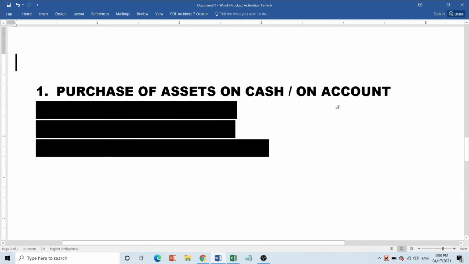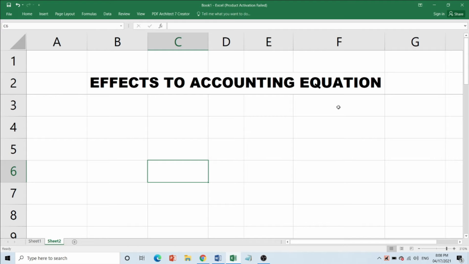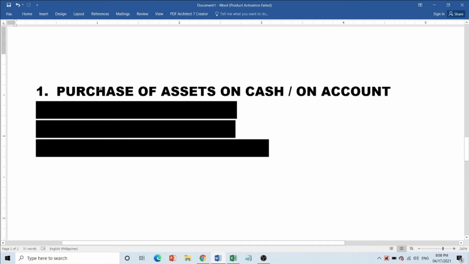We have to take note of the entity concept when we are journalizing a transaction. The owner is separate from the identity of the company itself. Now, we are journalizing at the side of the business or the company. Ang nangyaring transaction, the company purchased assets on cash.